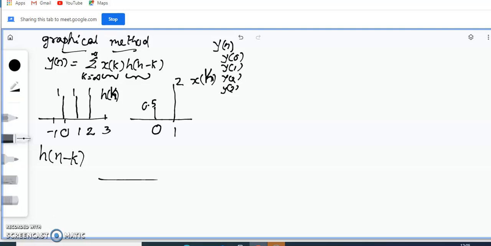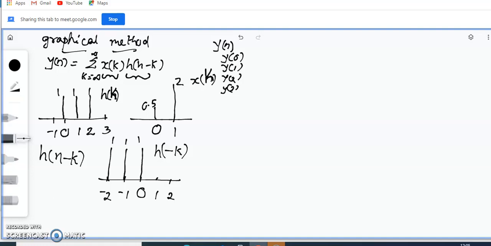So h of minus k is the exact reverse of the signal. So 0, 1, 2 becomes 0, -1, -2. This is a reversal of the signal and the value remains the same, that is 1. It has a value 1 at 0, -1 and -2, and elsewhere it is 0. This is h of minus k.